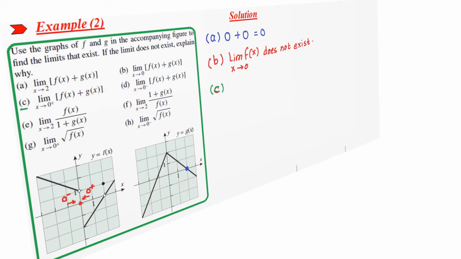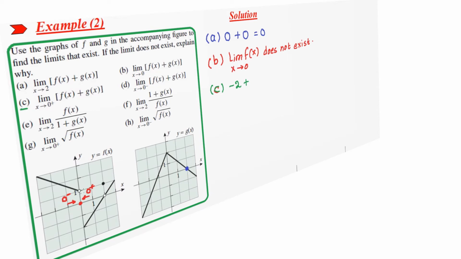So 0 from right, this is the function to the right of x equals 0, and hence we have limit f of x when x goes 0 from right is equals to negative 2. Plus limit g of x when x goes 0 from right. Here from right and left we have the same value of the limit, and the limit exists for g of x when x goes to 0.